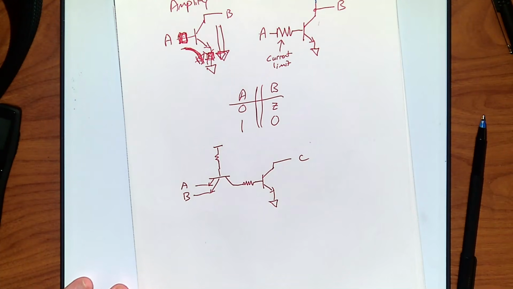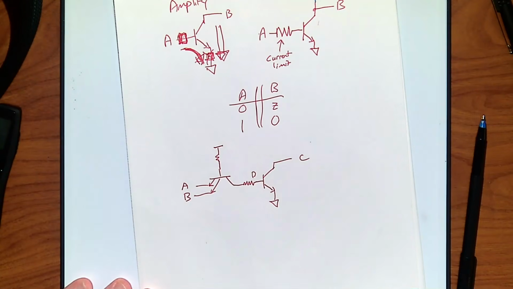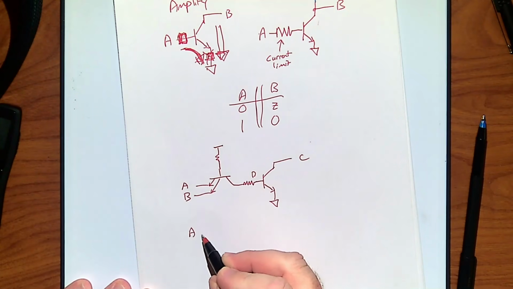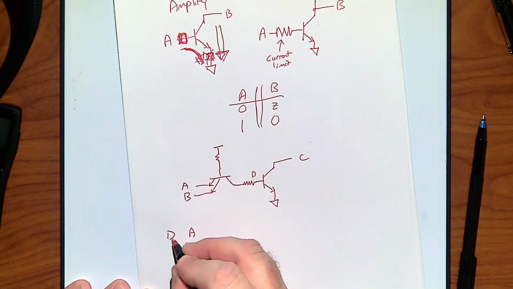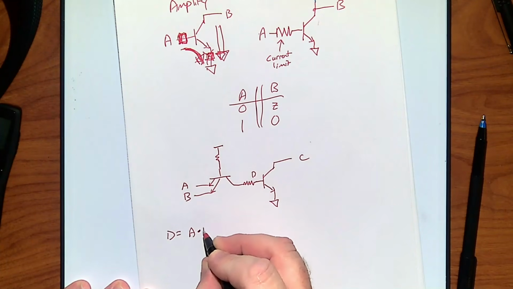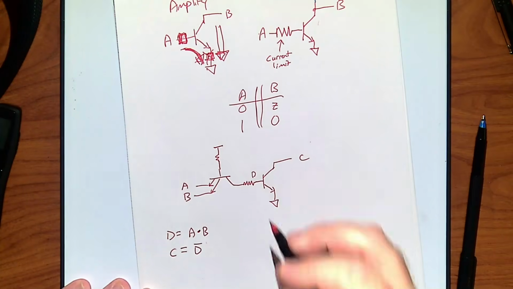Okay. Now we can combine these, right? I've got a little middle point here, D, if you want to think about it. And we know that we basically get D is equal to A and B. Right? And we know that C, our output, is equal to not D. Right?